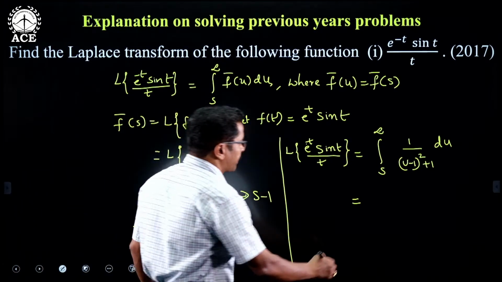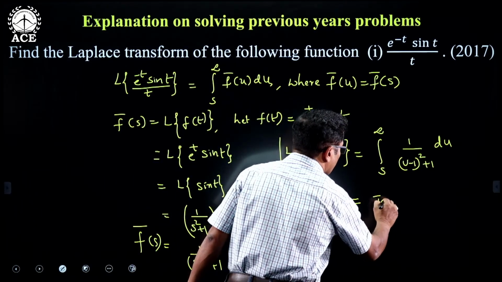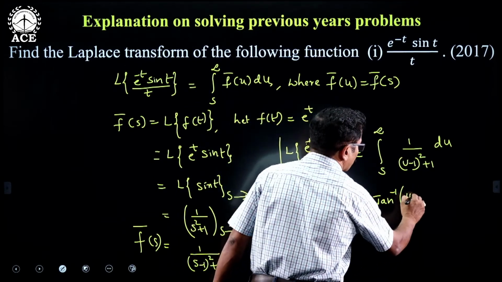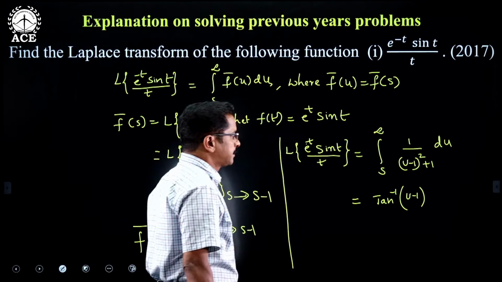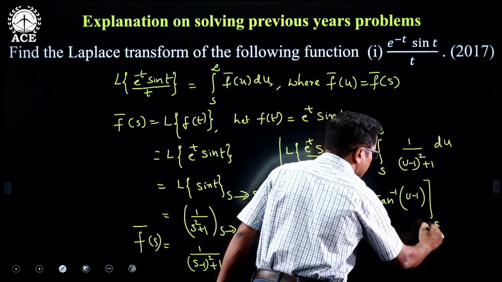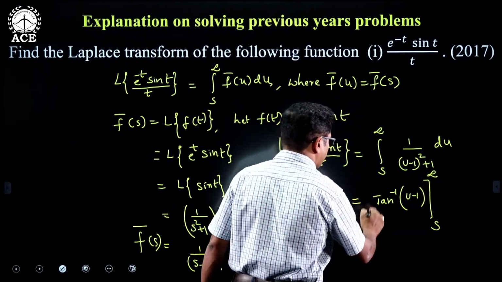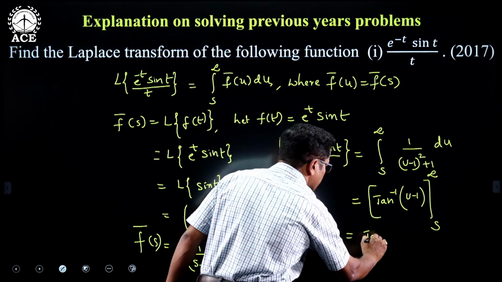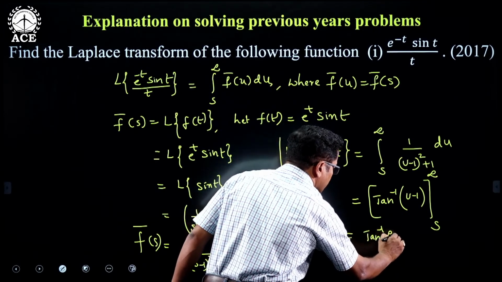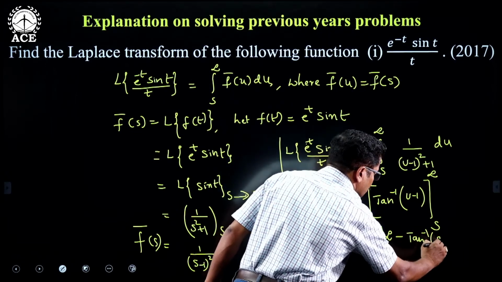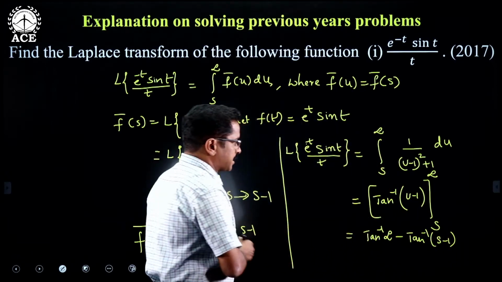In that sense, tan inverse of u minus 1, over the limits s to infinity. So it equals tan inverse infinity minus tan inverse of s minus 1 on applying the limits.